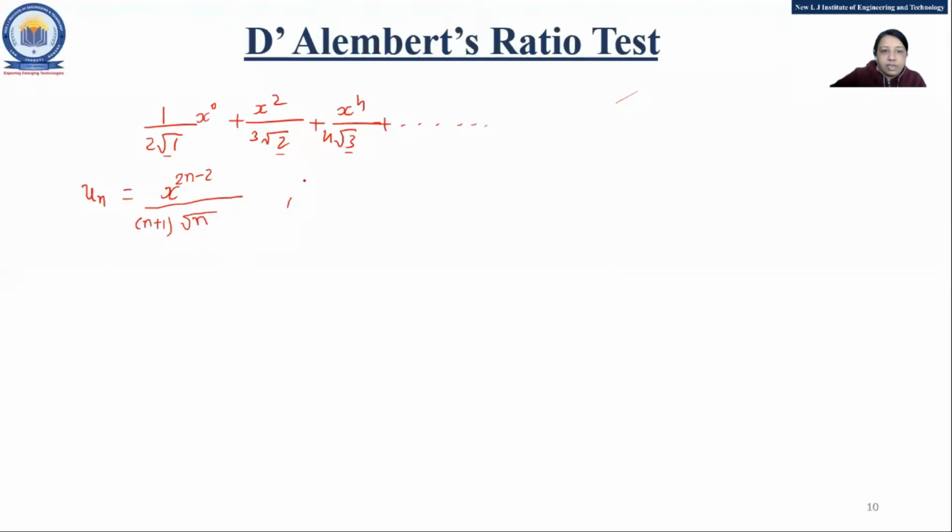Now, same procedure we need to follow, that is un plus 1. Fine. So, un plus 1 is x raised to, instead of n, just put n plus 1, and here also n plus 1. So it will be n plus 2 in the denominator, and root n plus 1. Now, what should be the value of x raised to?